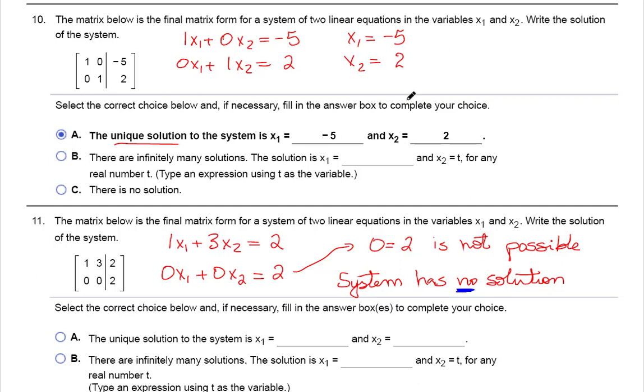And that's what we found back in question 10. So that concludes section 4.2, looking at the sizes of matrices and looking at various row operations and looking at the augmented matrix.